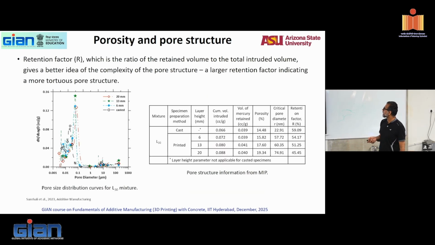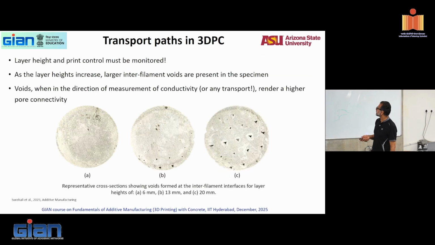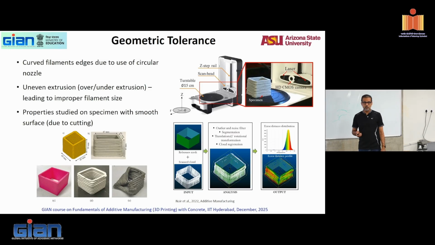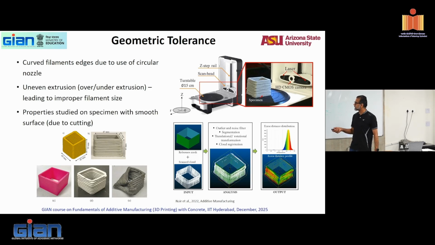Porosity, pore structure, we've done all of that. Transport paths. Again, this is a 3D printed concrete, fairly nice. Whereas when you get here, there are super highways for ions to go through.